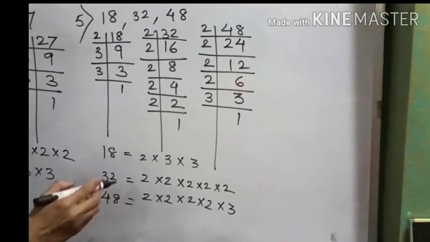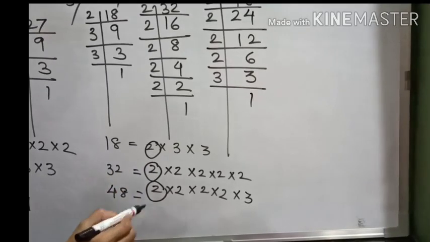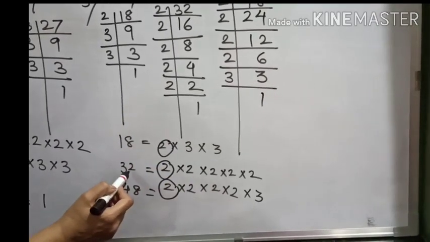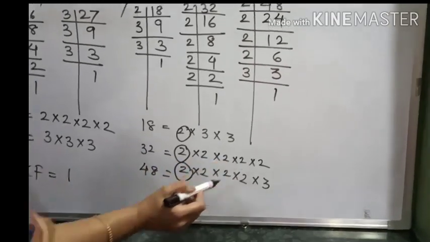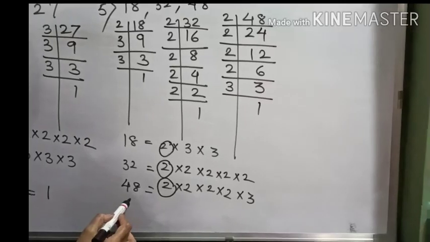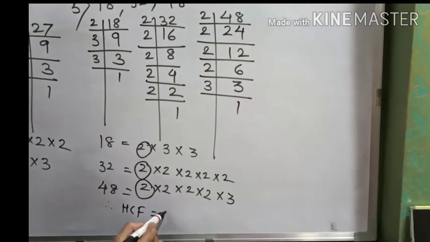Now here if you observe, only 2 is the common factor. Here 3 is common, but in the line of 32 you are not having 3. So the common factor is 2. Therefore our highest common factor is 2.